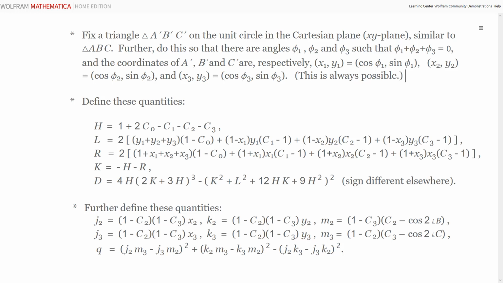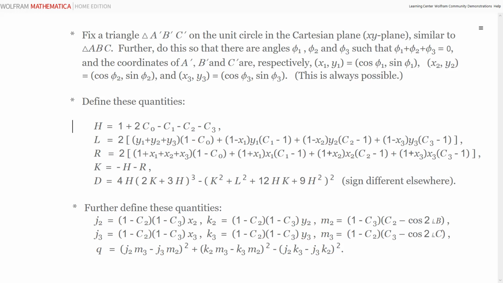All right? Is there any reason that you should believe that this is always possible? Well, you certainly believe that you can take a triangle and scale it and translate it to get it onto the unit circle, right? And then all you have to do to fulfill this angle requirement is rotate that triangle. And if you rotate it in the right way, you can satisfy this requirement. So work that out for yourself if you want, or trust me.